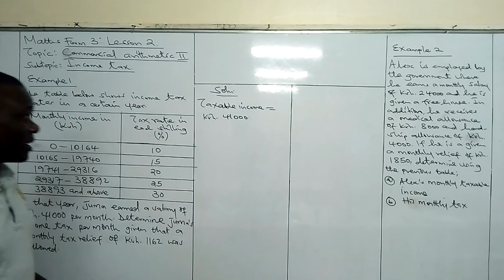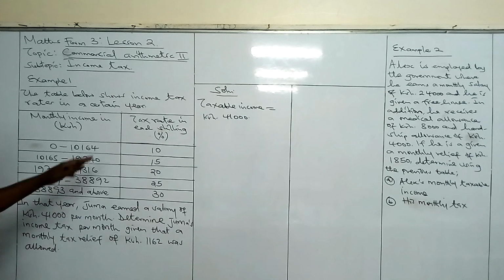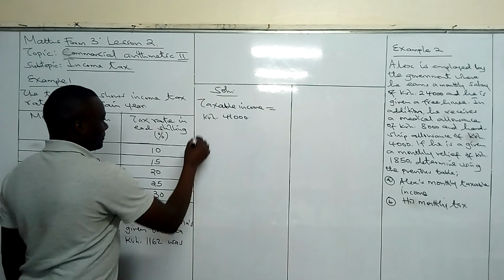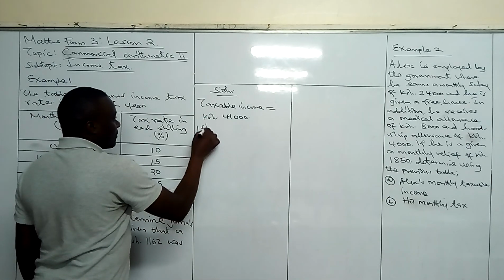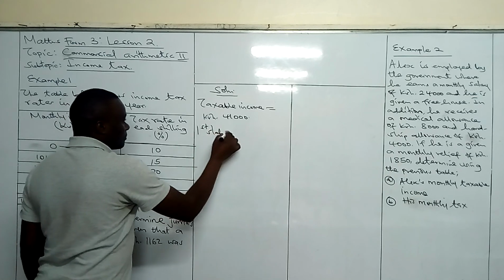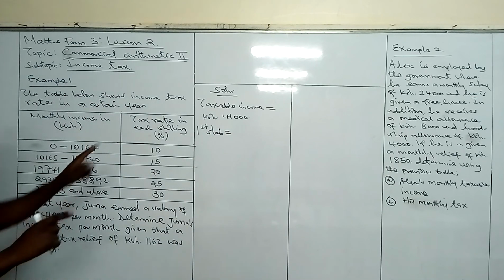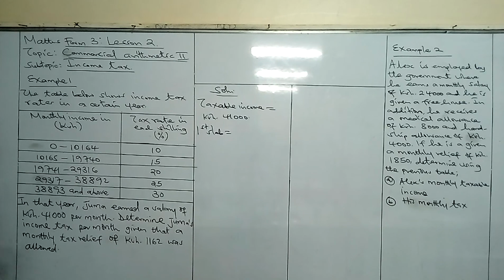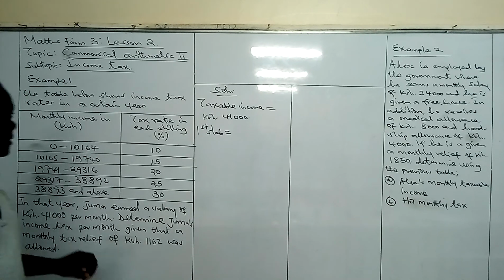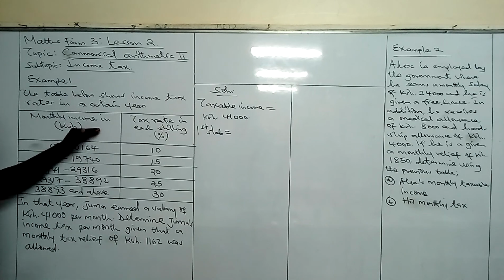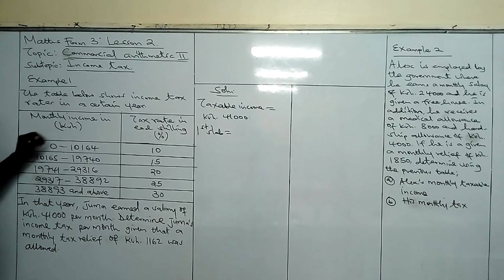So once we obtain the taxable income, we will go direct to the slabs. So I will say first slab. So what do we do in that particular step? 1, we look at the table and then we analyze it. We have monthly income in Kenya shillings.